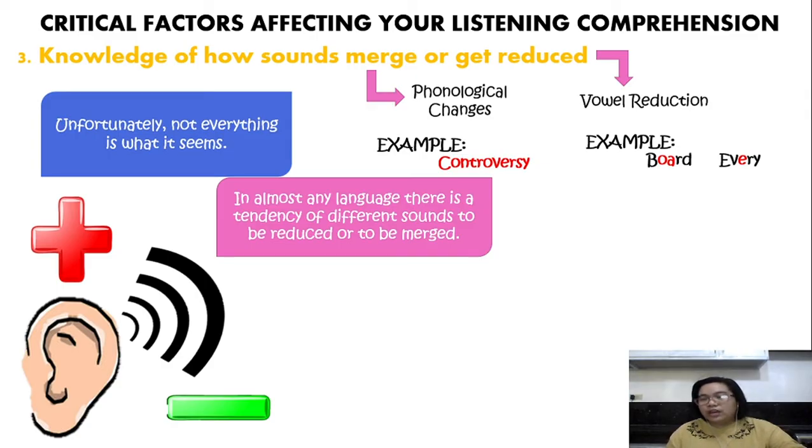Instead of saying the sound of e in the word every, we tend to weaken the vowel sound. Same with the word bored. Instead of saying the sound of the a, we omit it in pronouncing the word board. So that is what we call vowel reduction.